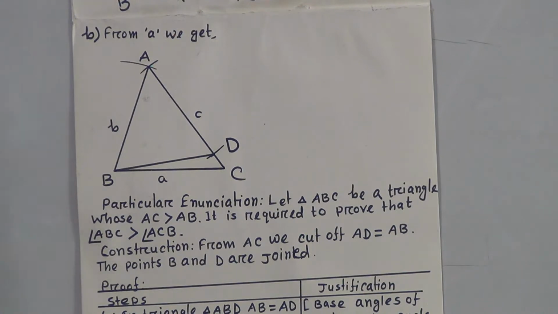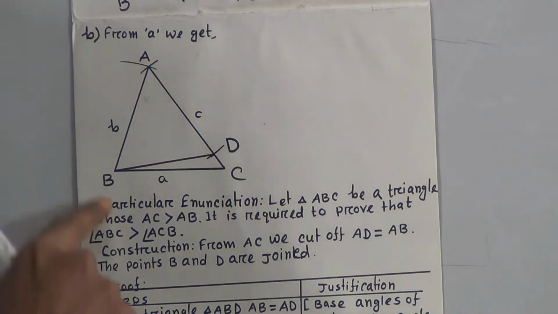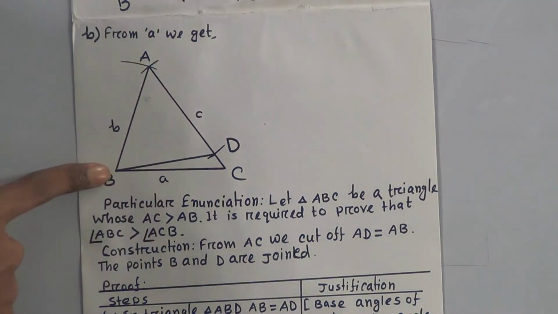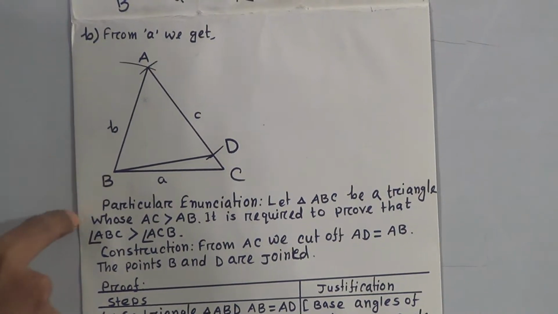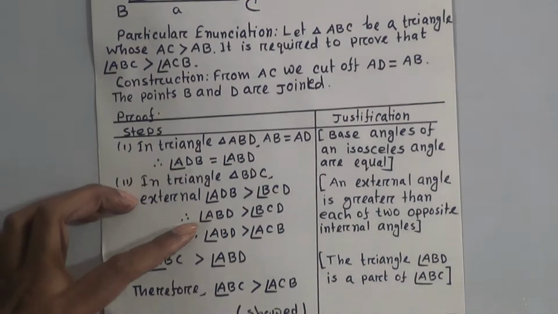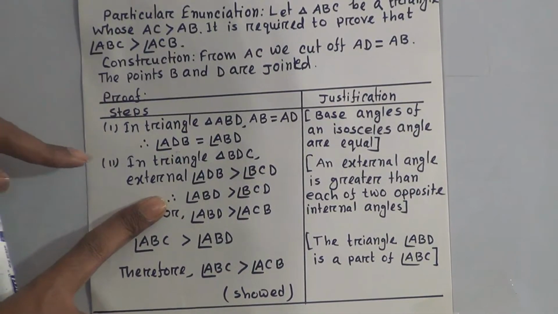That means, you see, in triangle BDC, the external angle ADB is greater than BCD. Now you see here, ADB equal to what?